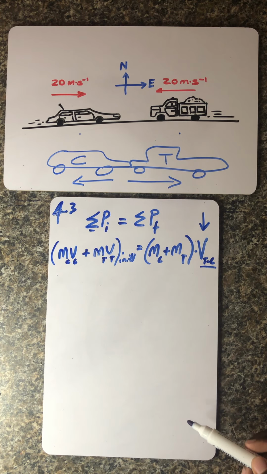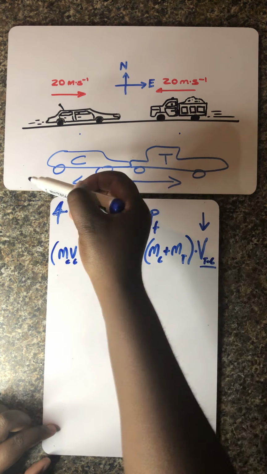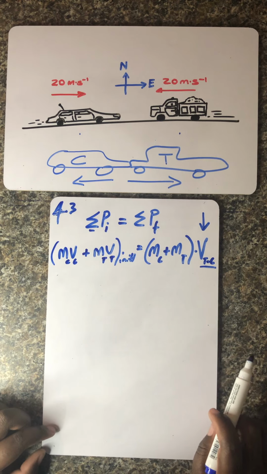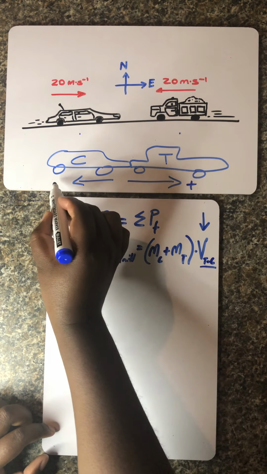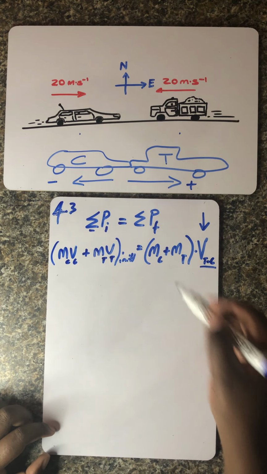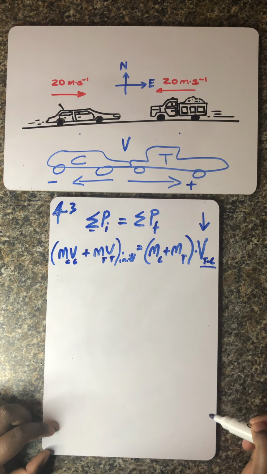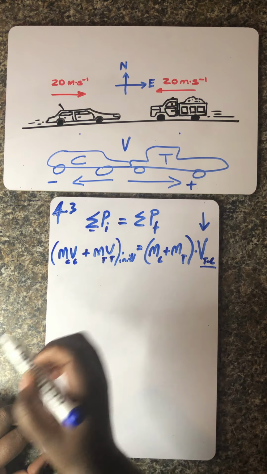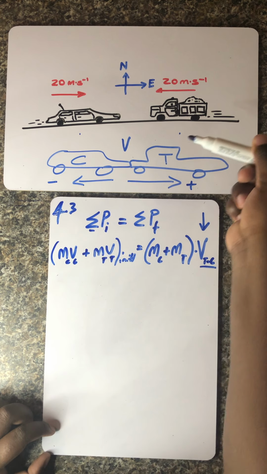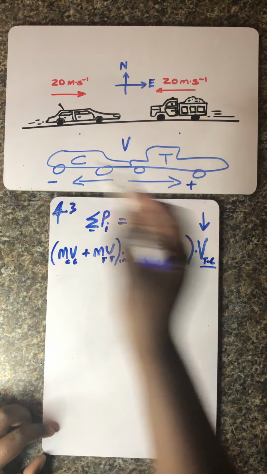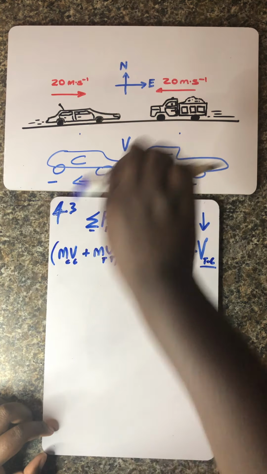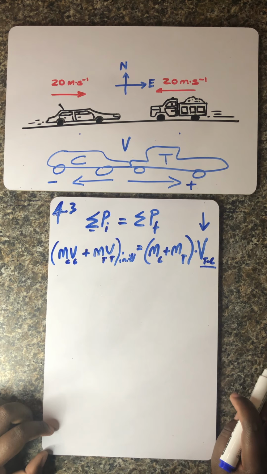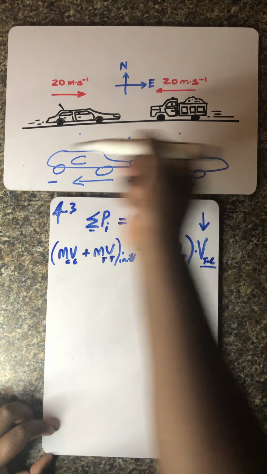So, ladies and gentlemen, it's either they move in that direction or in that direction. Assuming that to the right is positive and to the left is negative, that means if we get a negative answer for the velocity, after collision they move in that direction. If we get a positive number, then after collision they move in that direction. But I can guess, ladies and gentlemen, that it will move in that direction.